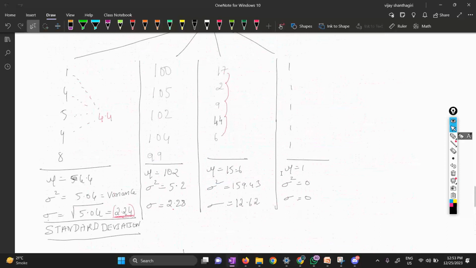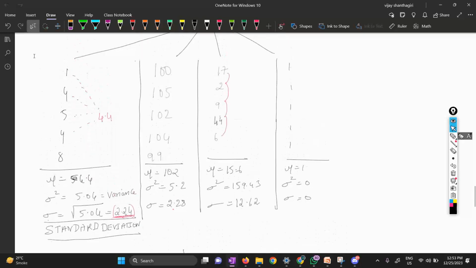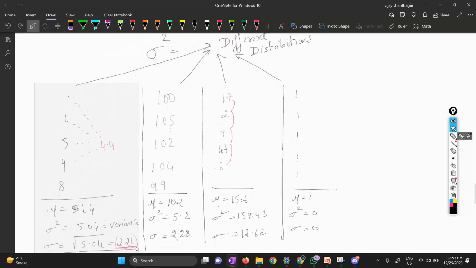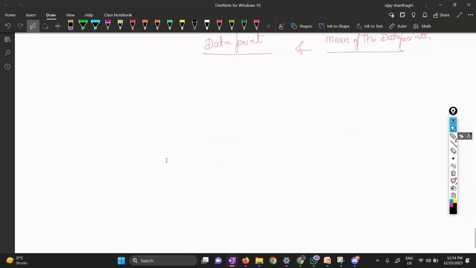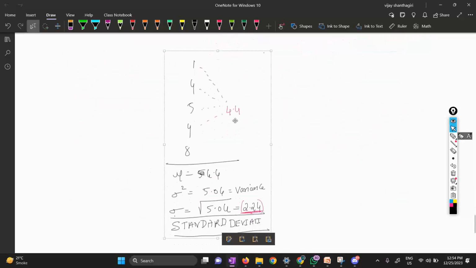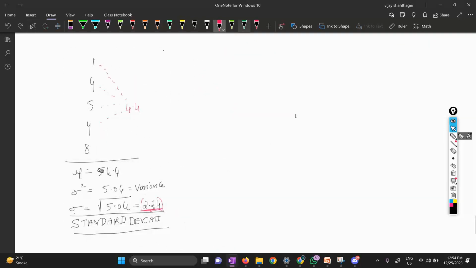Now I will show you another way of looking at this. Copy, come here. You have the standard deviation 2.24, fine. What was its actual difference? Let's take the absolute value of it.